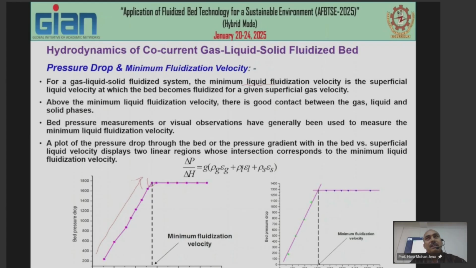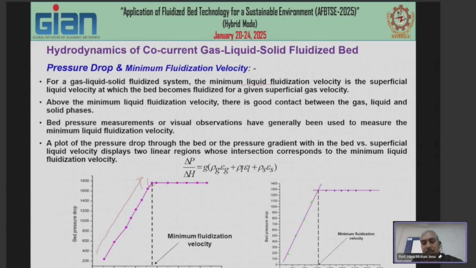For that there will be some change in the overall bed pressure drop value, which is not there in the liquid-solid bed or gas-solid bed, because the additional terms here are drag, buoyancy, and phase hold-up, as I have already told. And this is one ideal situation where beyond the minimum liquid fluidization velocity, the bed pressure drop remains constant.